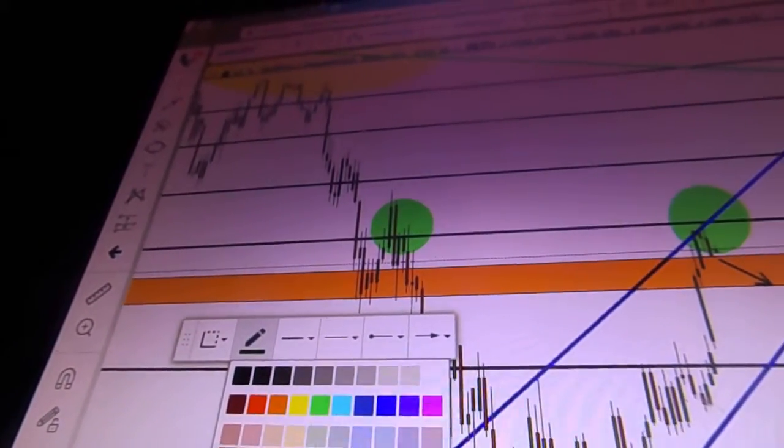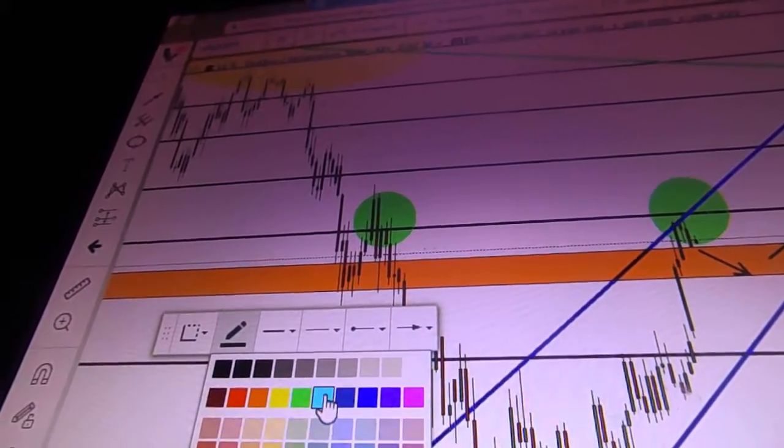Alright. Now, let's say that this line right here is resistance. I'm going to change the color of this just so we can make it easier to tell what it is. I'm going to turn that into hot pink.